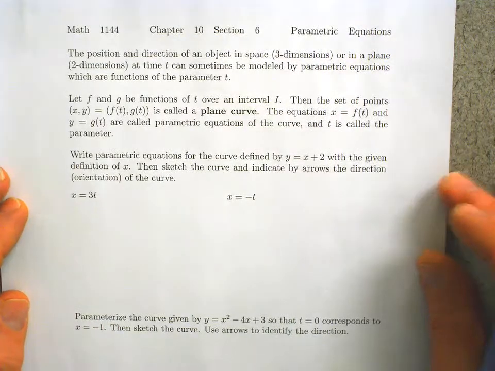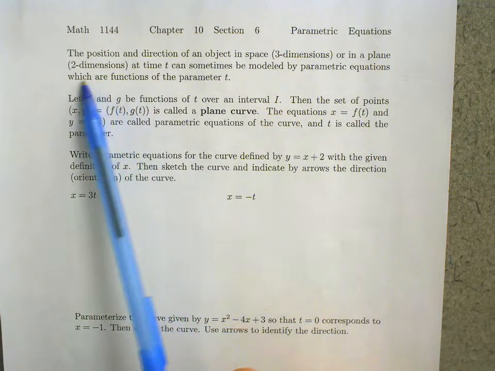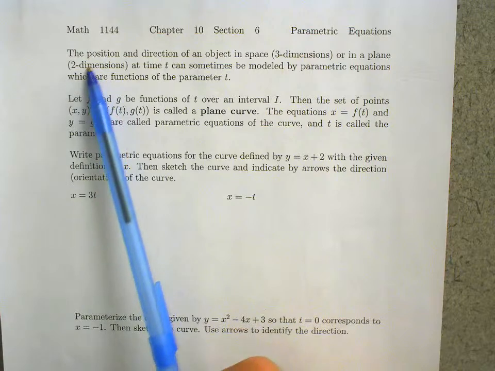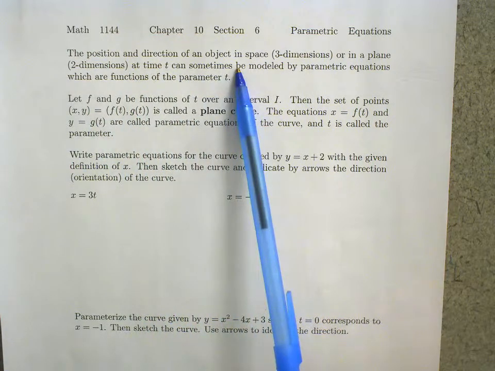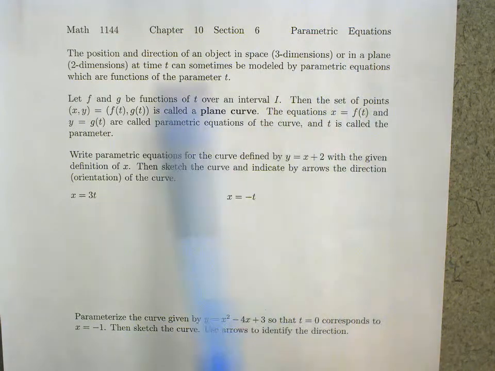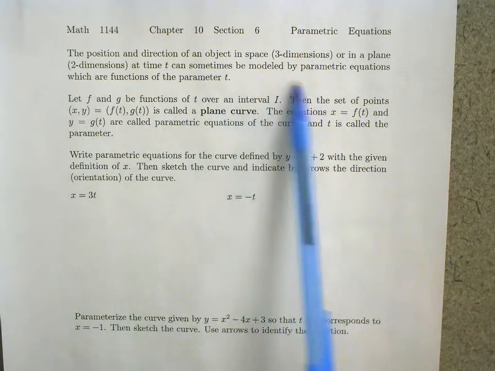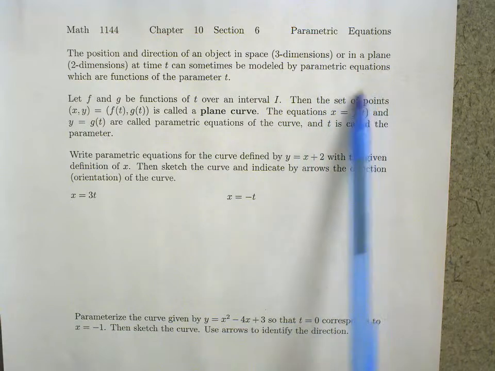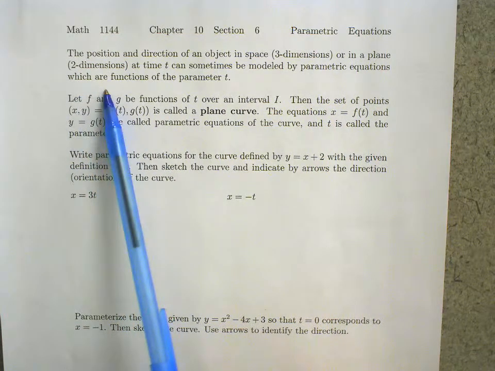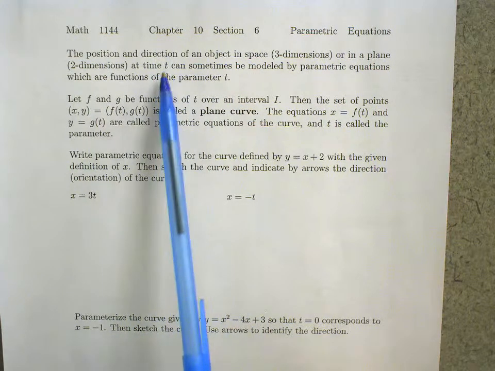On parametric equations, we read here the position and direction of an object in space, 3 dimensions, or in a plane, which is 2 dimensions, at time t can sometimes be modeled by parametric equations, which are functions of the parameter t. t often represents time.